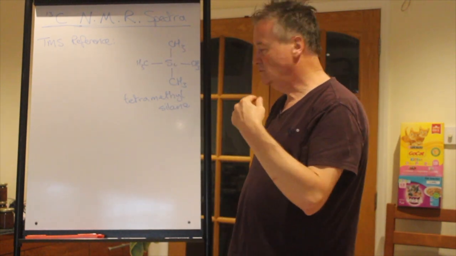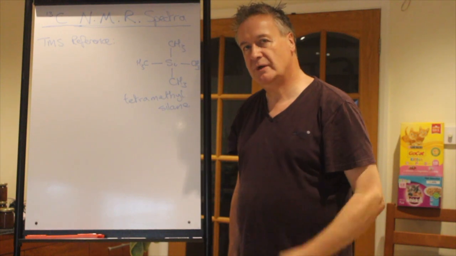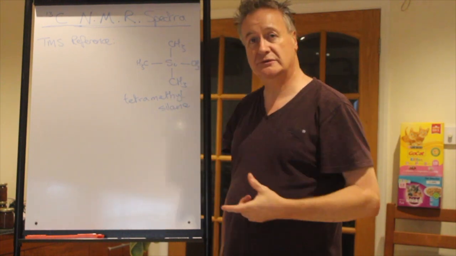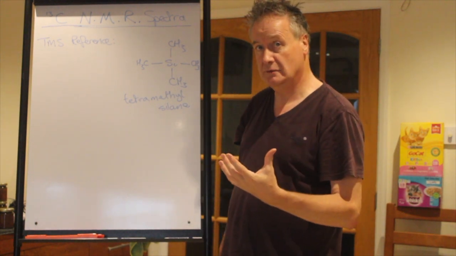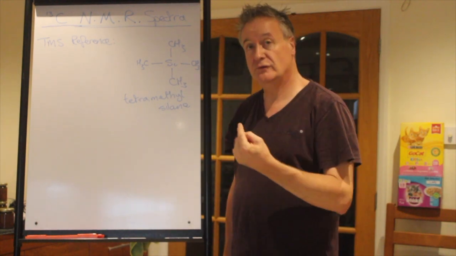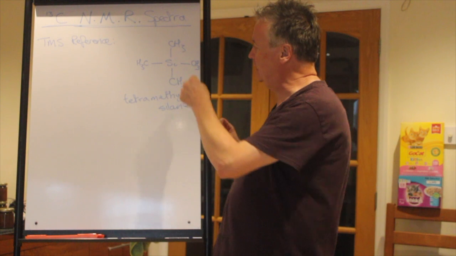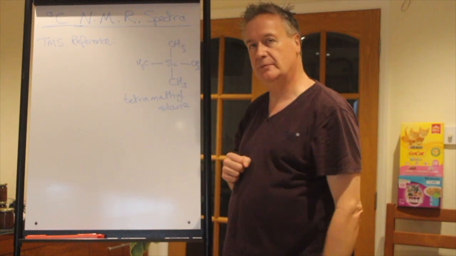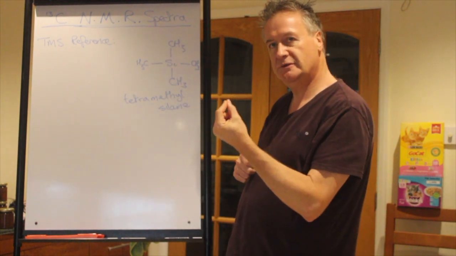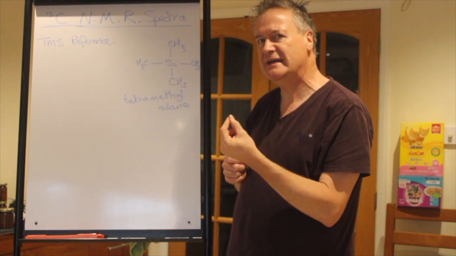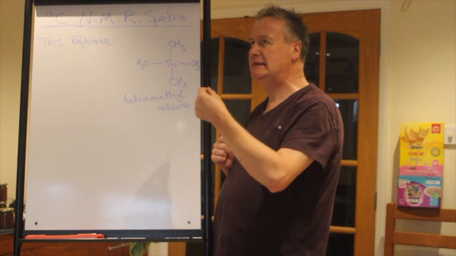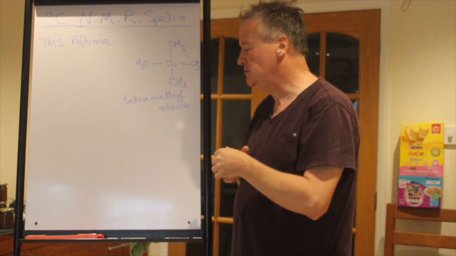And it's used in both carbon-13 and proton NMR because it has a strong signal because of its structure. It has 4 identical carbons, so it absorbs fairly strongly, which means you can use a very tiny amount of it in the sample that goes into the NMR machine.